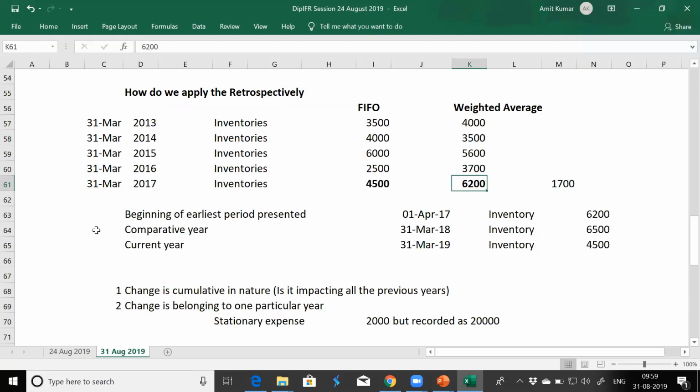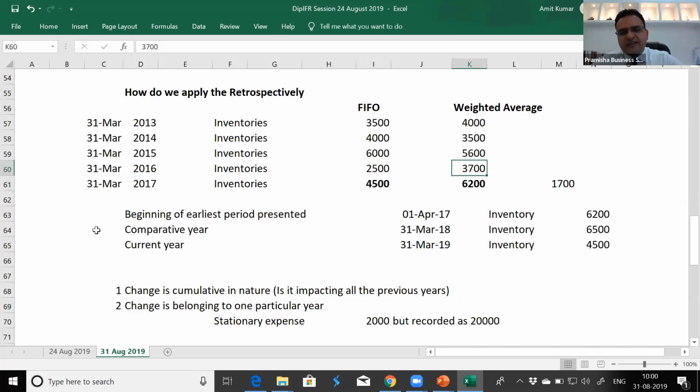Okay. But in the balance sheet for 31st March 13, 14, 15, and 16, we would have recorded our inventory at 3500, 4000, 6000, and 2500, right? Yes. Since we have, if we were allowed to present all the years' balance sheets which have happened till date, then we would have done this.